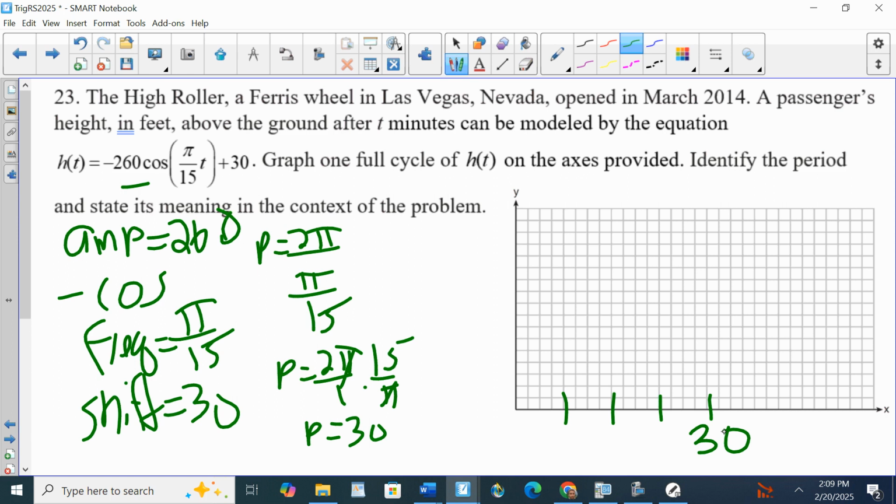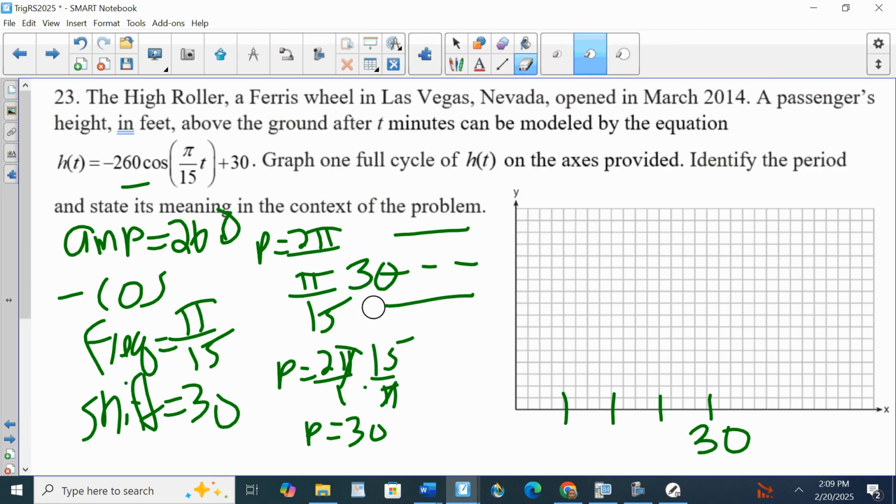Now my y, again, it helps to make a little picture whenever you have a real life situation. So if my shift is 30 and my amplitude is 26, well, 30 plus 26 is 56. 30 minus 26 is 4. I'm sorry, 260.